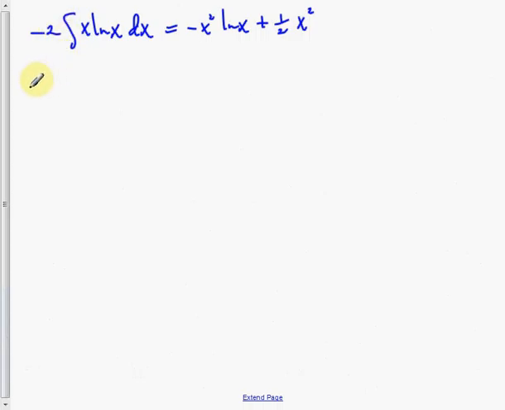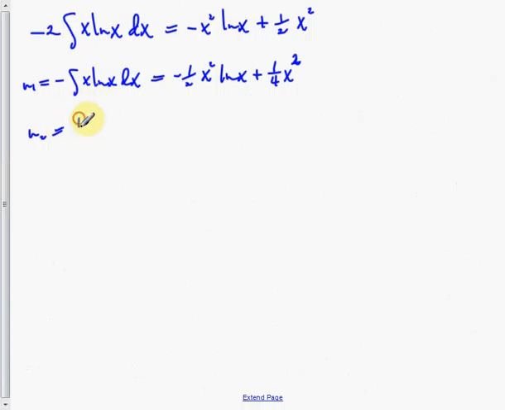Divide by 2, so this u sub 1, negative the integral of x natural log of x dx, is equal to negative 1/2 x squared natural log of x plus 1/4 x squared. Okay, so that was u sub 1. What was u sub 2? Do you recall? Was it just 1/2 x squared? 1/2 x squared. Good. So y sub p is y sub 1 times u sub 1 plus y sub 2 times u sub 2.